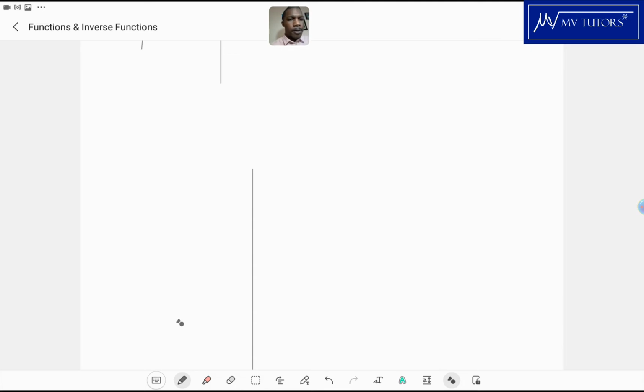And then put a straight one here. So this one is called an exponential function. It has an asymptote. An asymptote, it gets close to it. The asymptote here is the x-axis. It gets close to it, but it never touches it.